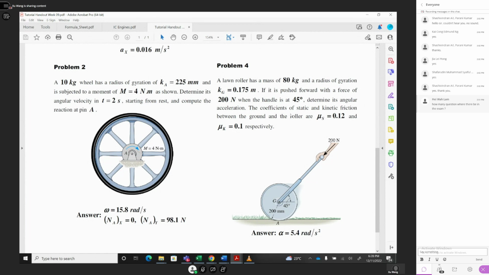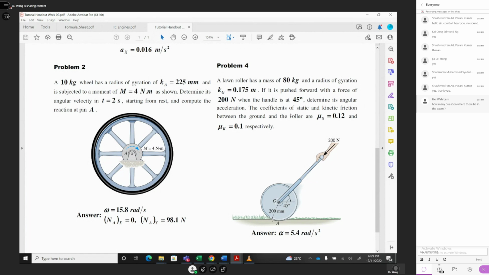Okay, so 200 Newton, you can have components: cosine 45 becomes horizontal, and sine 45 becomes the vertical direction. Vertical you have gravity force, reaction force, and also the force component from 200 in the vertical projection.